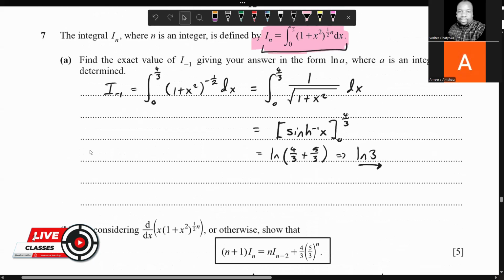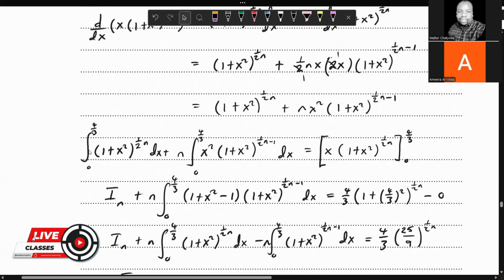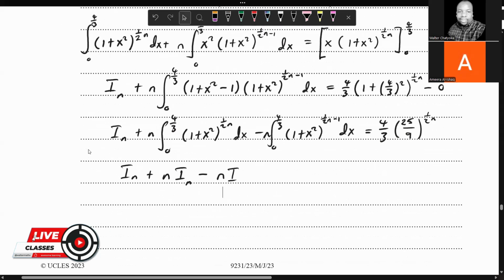Remember, the form is half n, so we have to factor out a half. For half n minus 1, if we factor out a half, we will get half of n minus 2. So in this case, this will make it I sub n minus 2. And this is equal to 4 over 3 of the square root of 25 is 5, the square root of 9 is 3, all to the power of n.